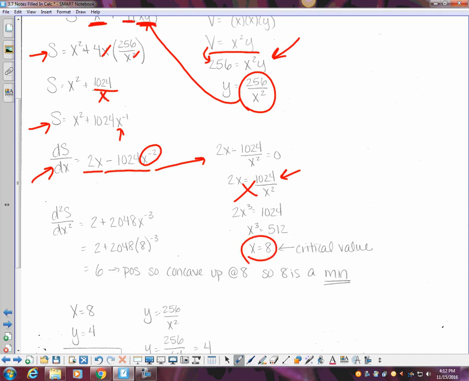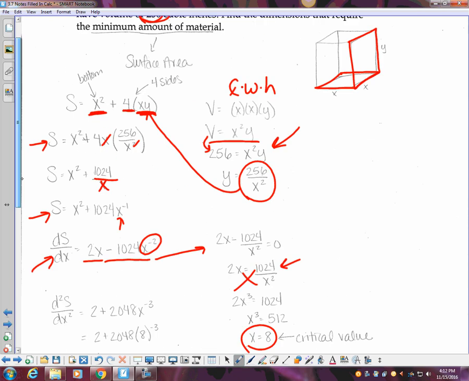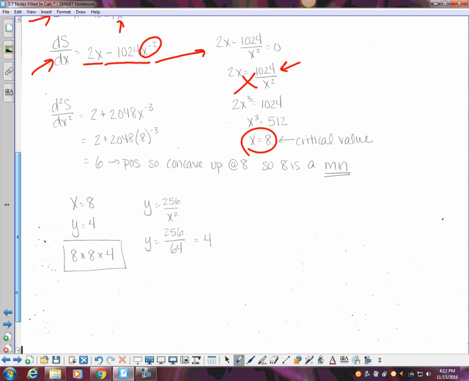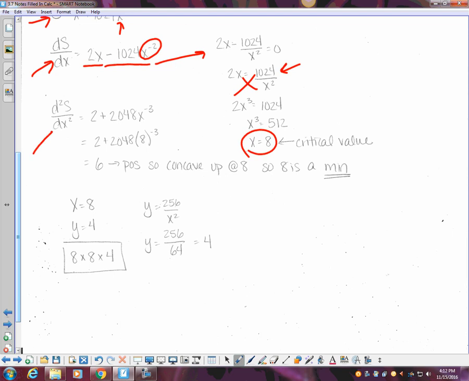But I have to prove that. What are we doing, max or min? Minimum amount of material, that this is a minimum. So I do the second derivative of my first derivative. Nice, easy power rule. Pull the negative 2 down front, multiply, and then take 1 off my power. Okay, so that's my second derivative.